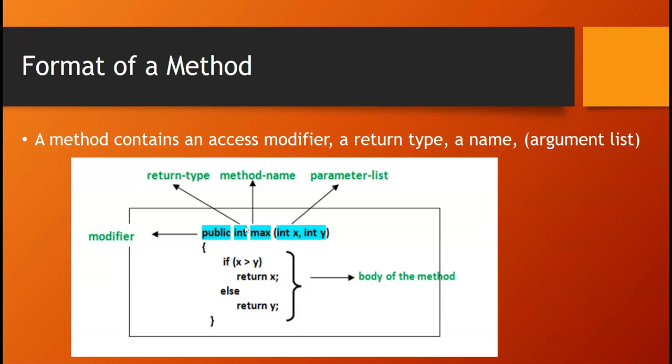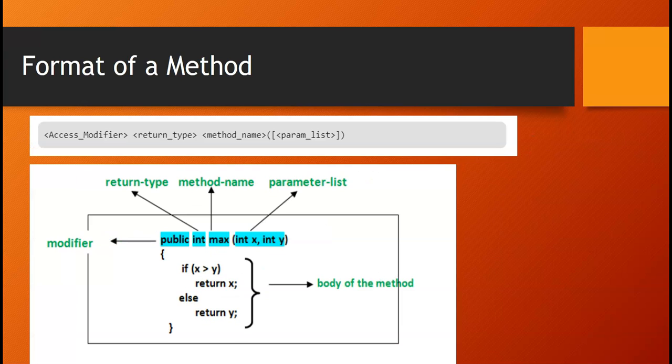If a value is being returned, it is whatever the data type of that value, or it could be void if nothing is returned. You have a method name, and then we have a parameter list. And then there's the body of the method, and that will be inside the curly braces. Depending on what language you're in, we're in C#, it's in curly braces, but other languages might just use spacing in order to designate them.